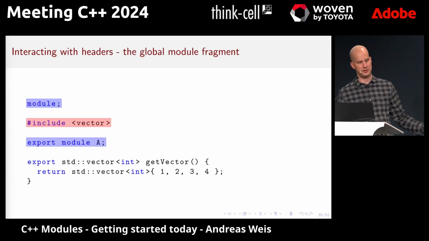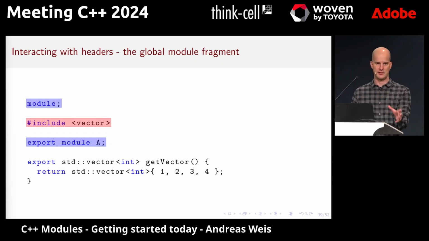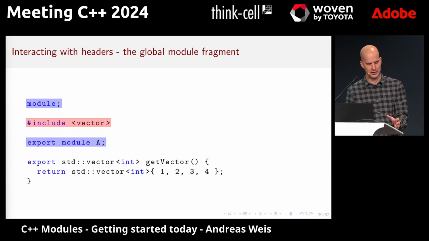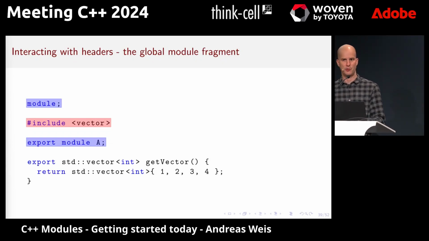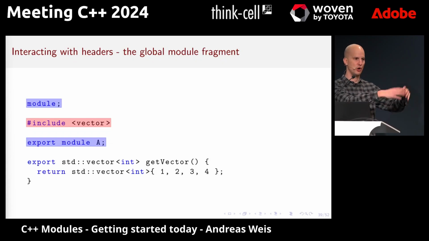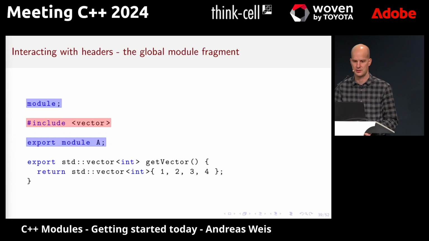So all of the C++ code that you were writing in the past before using modules lives in this world of the global module. If we put things in this global module fragment, you're saying this is code that lives in this old world that exists outside of modules.